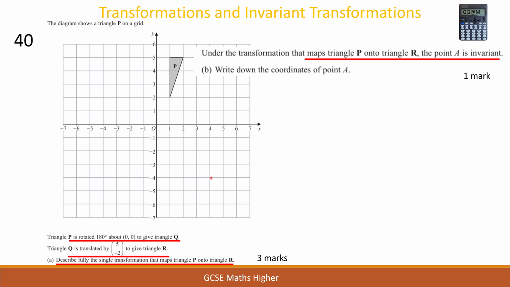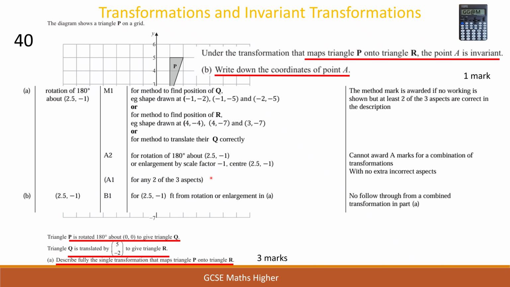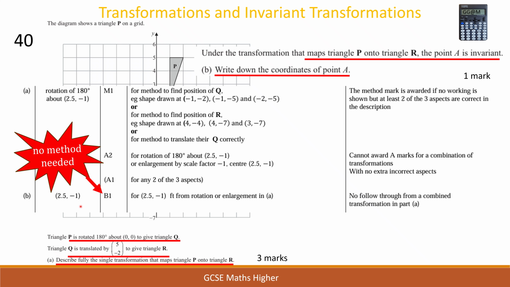Now that point invariant means it doesn't change, and you've got to write down the coordinates of point A. So the mark scheme says the answer for the first bit is a rotation of 180 about 2.5, -1, and the invariant point is the point that doesn't change, which is the centre of rotation, the point here 2.5, -1. N1 is a method mark, A2 are 2 answer marks, and this B1 means no method needed. You can literally just write down that answer. It is the centre of rotation.